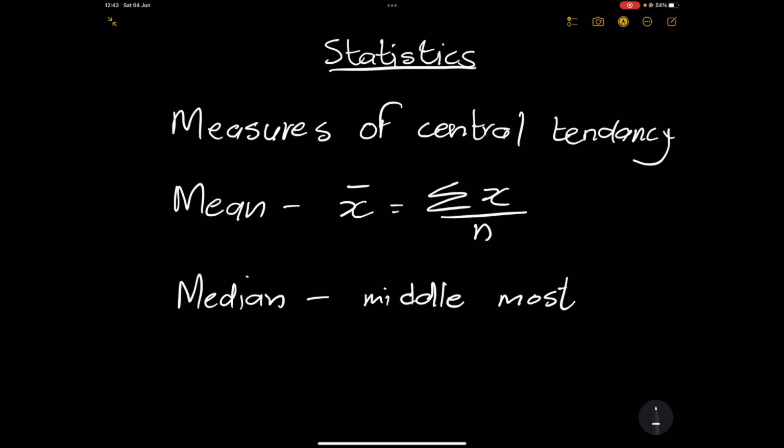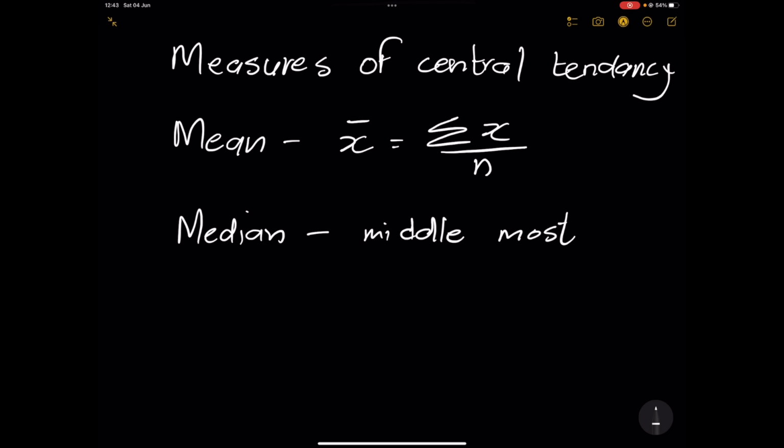Now, by the way, obtaining the median can be different depending on whether your data set is even or odd. So for an even data set, to find your median, you take the two middlemost values and add them up.